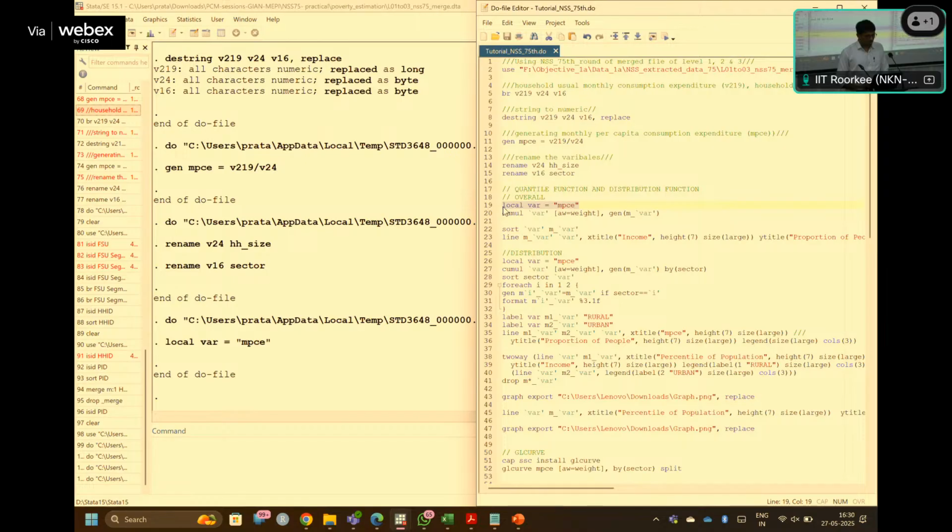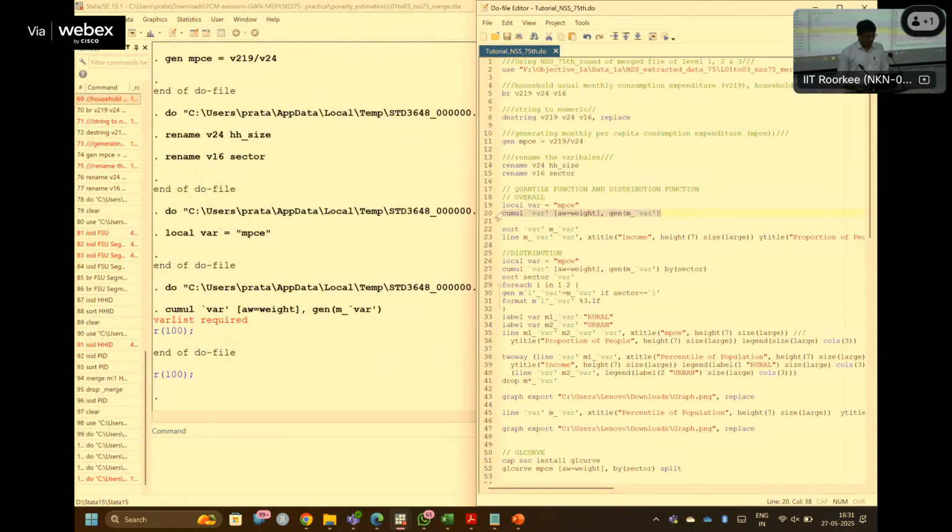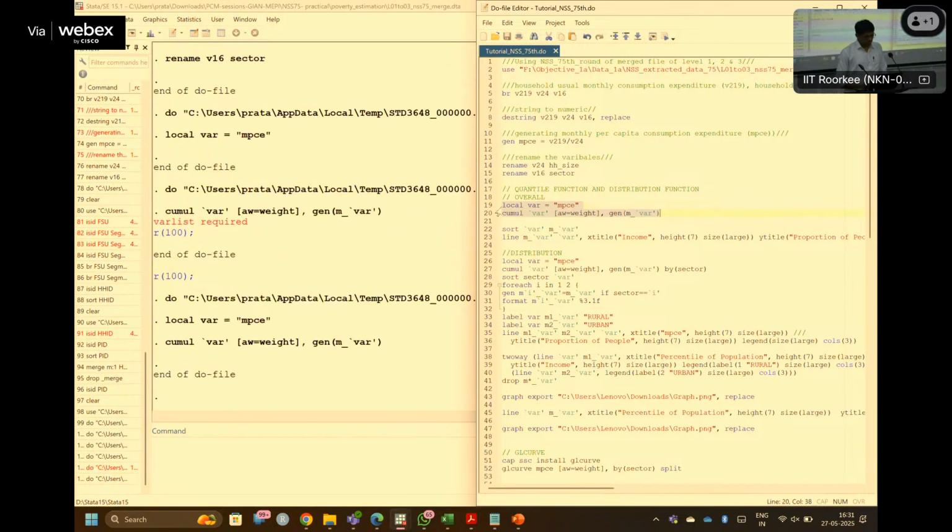I've done this first for the variable list required. All right, so it's working.